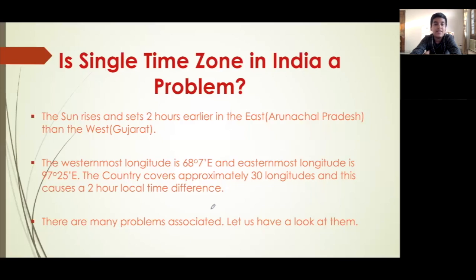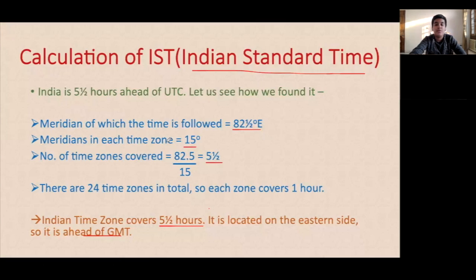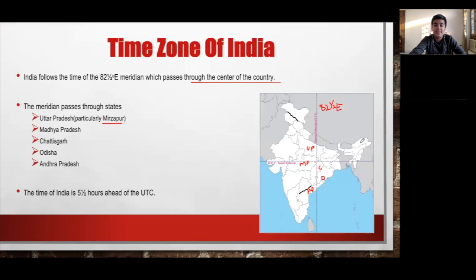Now one question arises: is a single time zone in India a problem? The sun rises and sets 2 hours earlier in the east, in Arunachal Pradesh, than in the west, in Gujarat. So this is Arunachal Pradesh over here, and this is Gujarat over here, the westernmost.